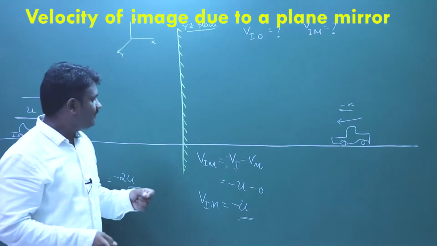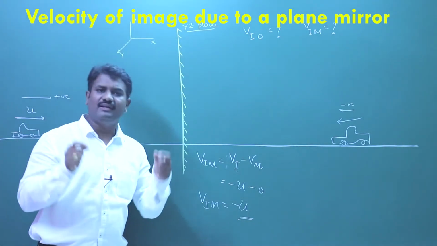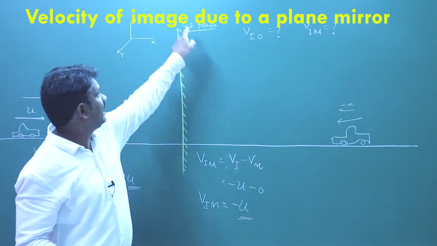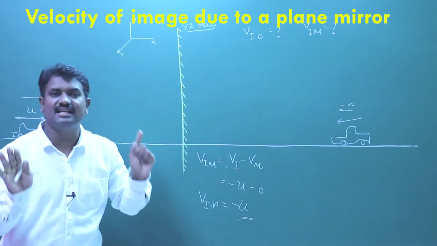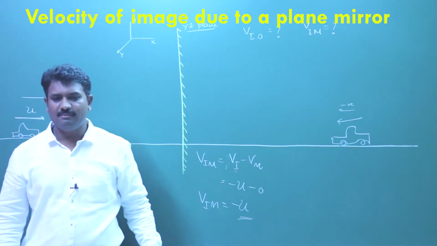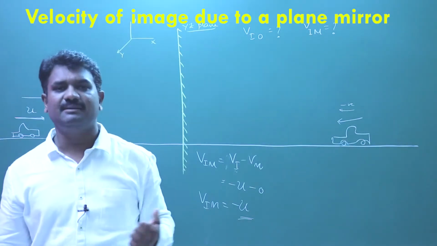Now, let us see what is the velocity of the image when the object is moving either along the y-axis or along the z-axis, meaning along the plane of the mirror. Now see, imagine I am the object. If I am moving like this, what about my image? My image is always beside me.